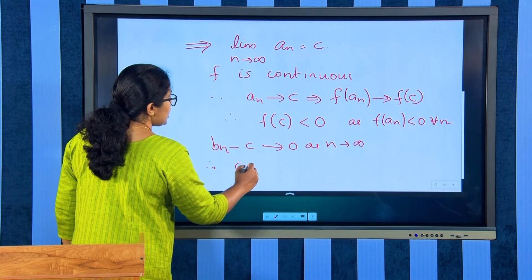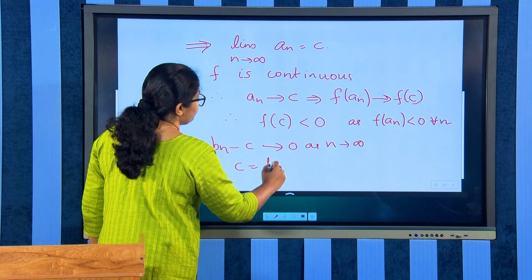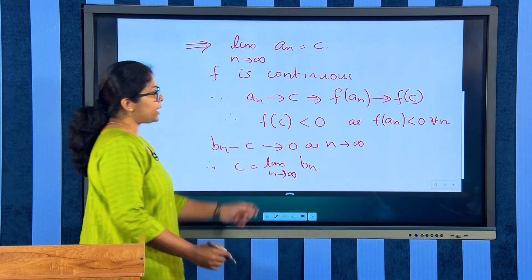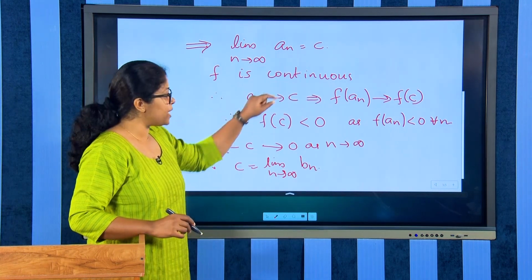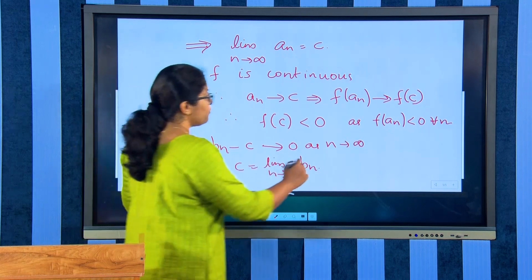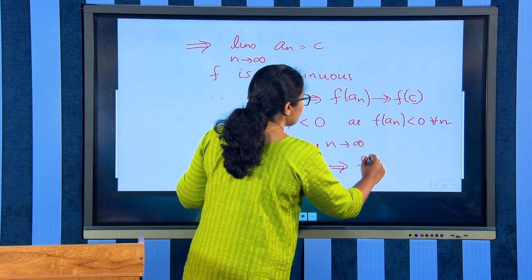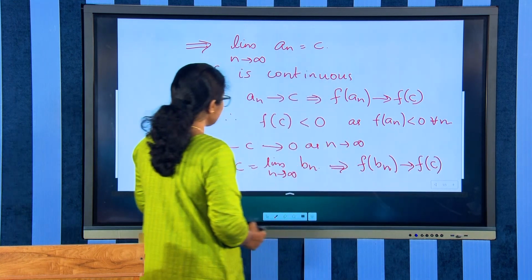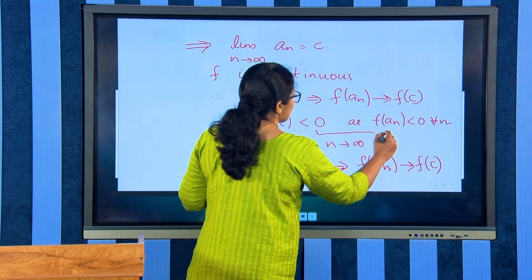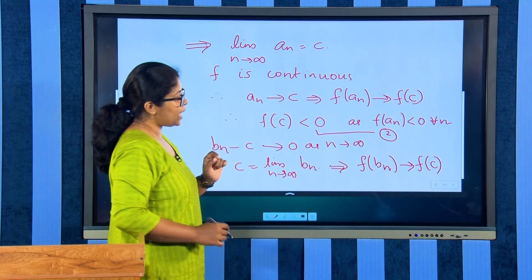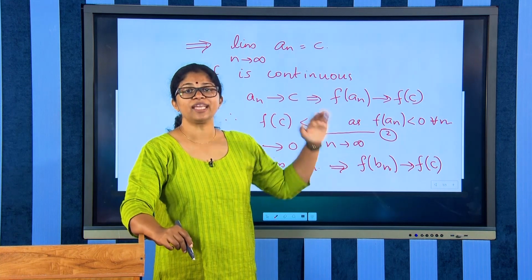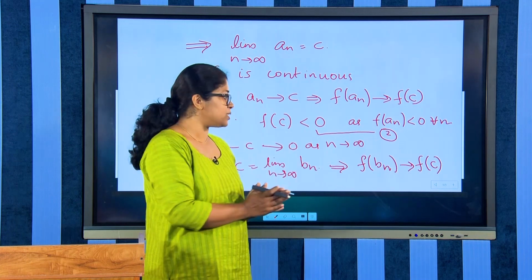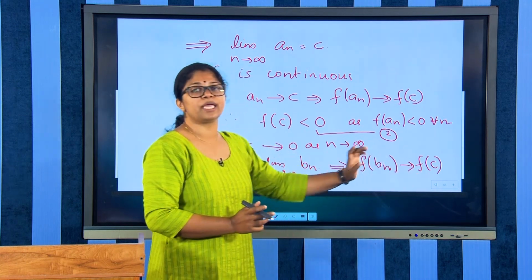Therefore C is the limit as n tends to infinity of Bn, and again a similar argument based upon the continuity of f, we can show that f of Bn also converges to f of C. So this we can name as inequality number 2, and since the f of Bn's are greater than 0, a sequence of positive terms always converges to a non-negative term.